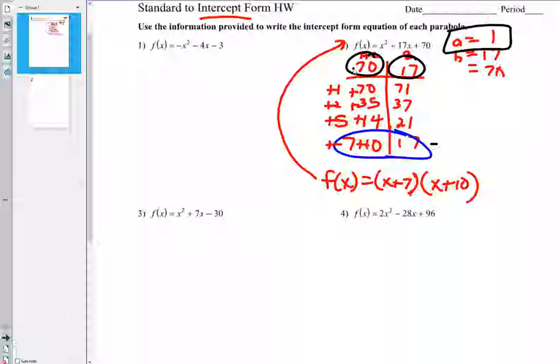Can somebody just look at this and in their head tell me where we're going to cross the x-axis? Negative 7 and negative 10. If you make x plus 7 equal 0, you get negative 7. If you make x plus 10 equal to 0, you get negative 10. That's where you would cross on the x-axis if you were graphing. Would that be an up or down facing parabola?